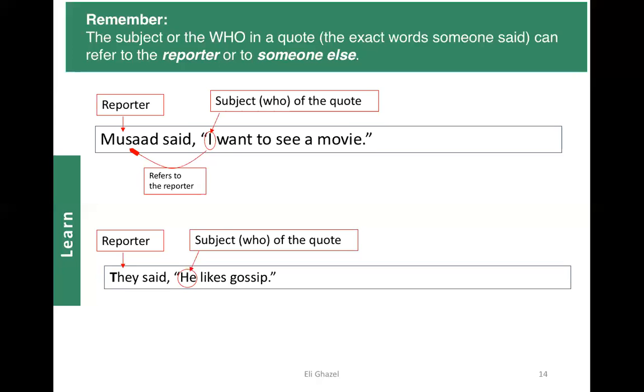So we can only focus on the who subject, not the what subject. He does not refer to the reporter. It does not refer to they. He refers to someone else. So this is the build-up process that we want the students to start being able to do, is to not just read words in the sentence, but the brain actively can create referent or no referent to something else.